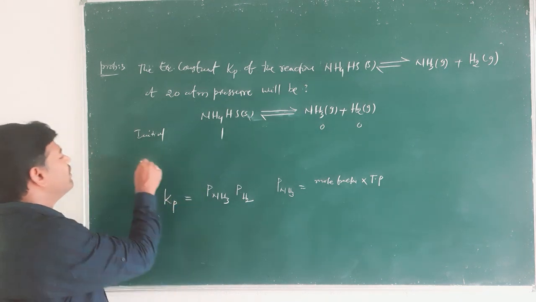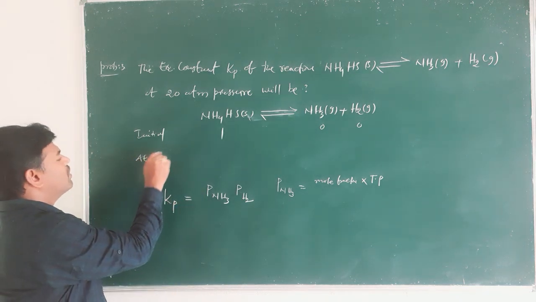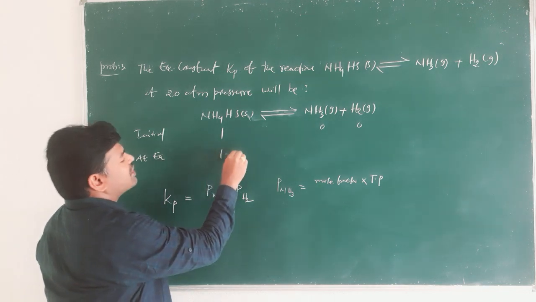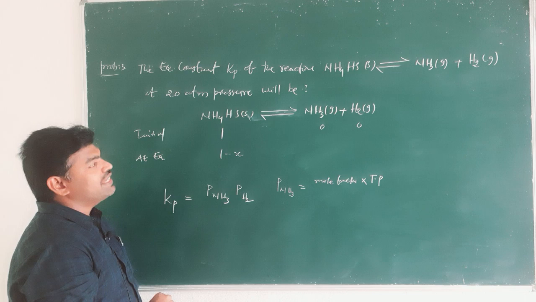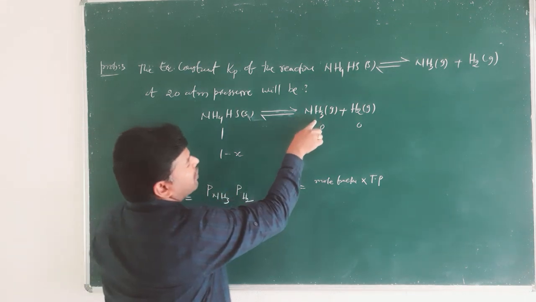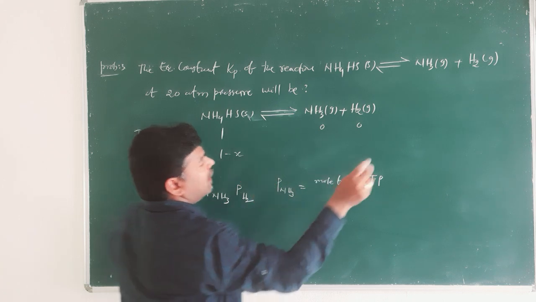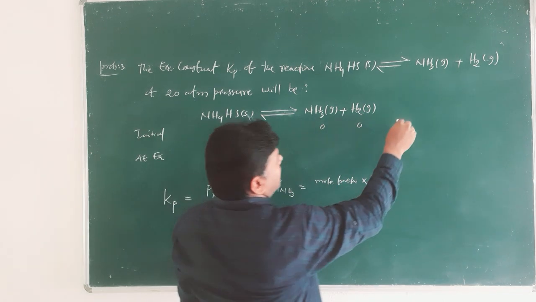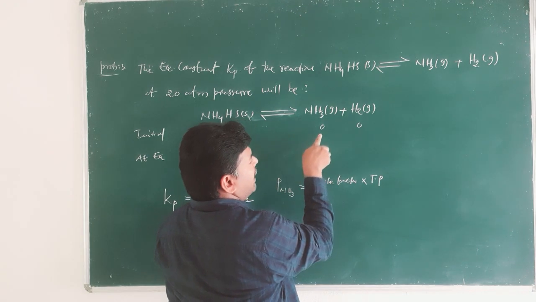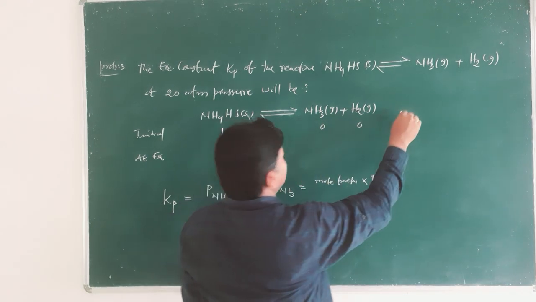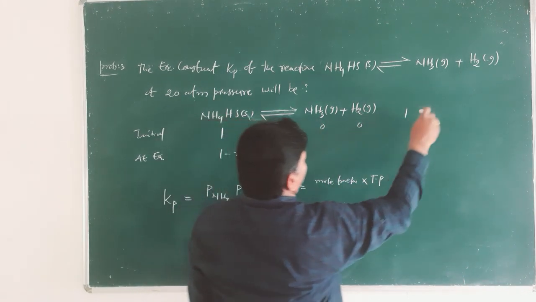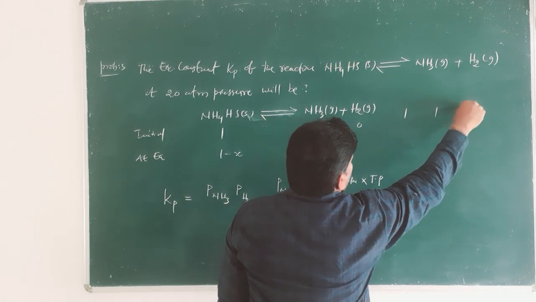So, at equilibrium, for example, if x moles are dissociated, how many moles of ammonia and H2S are formed? There is a simple technique: take the stoichiometric coefficients of the reactant, 1, and of NH3, 1, and H2S, 1.